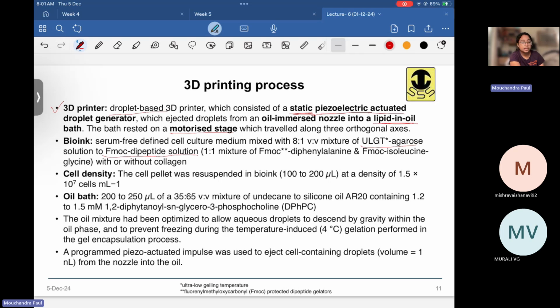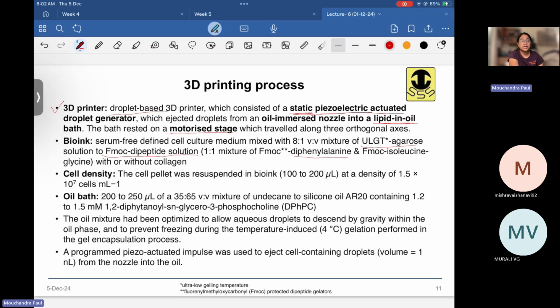They can be diphenylalanine or isoleucine glycine combinations, and these peptides are protected by a chemical group that is short-formed as FMOC, but it can be expanded into fluorenylmethyloxycarbonyl. All right. So I've written the full form here at the bottom of the slide.